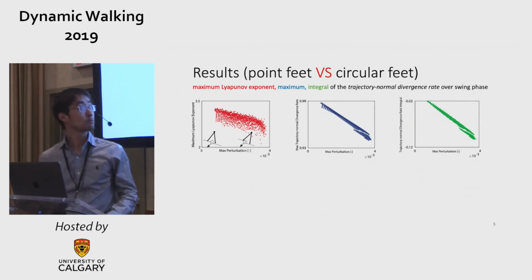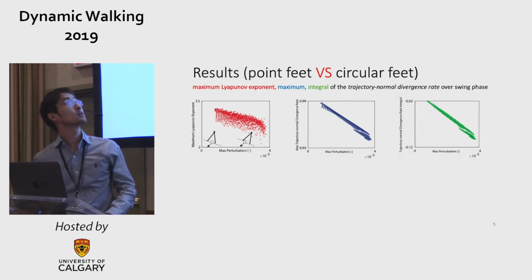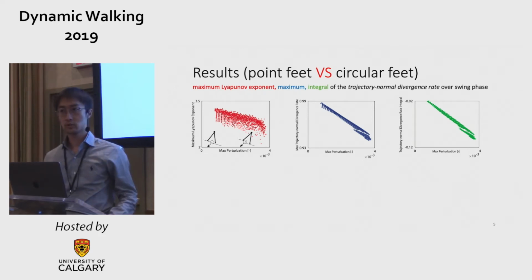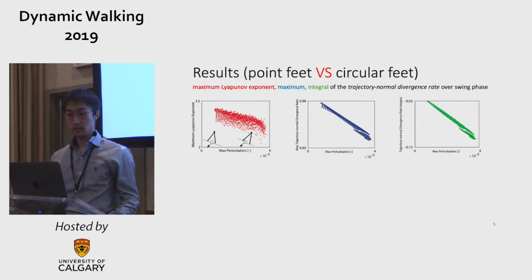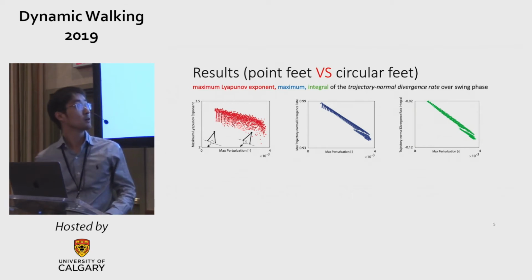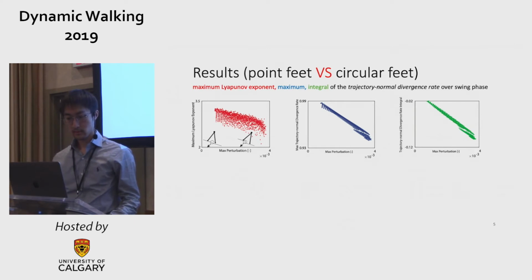But the second plot, which is the maximum trajectory normal divergence rate, the correlation becomes worse, which I didn't put on the slides. This means that stability metrics are dependent on the phase-space representation we use for the equations of motion.